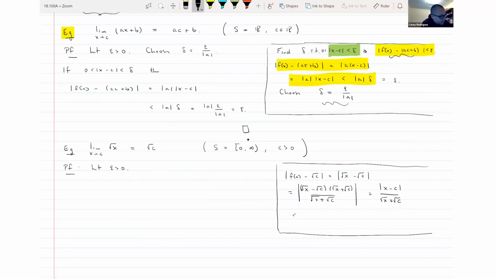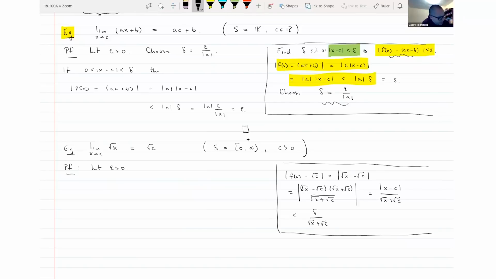Okay. And remember, the absolute value of x minus c is less than delta, so this is less than delta over square root of x plus square root of c. Now, in the end, you can choose delta depending only on epsilon and maybe the point c. You cannot choose it to be dependent on the point x, which is changing, right?